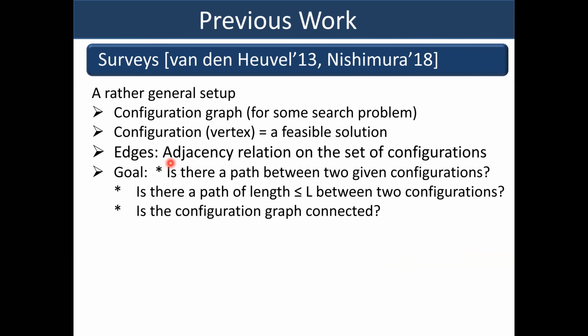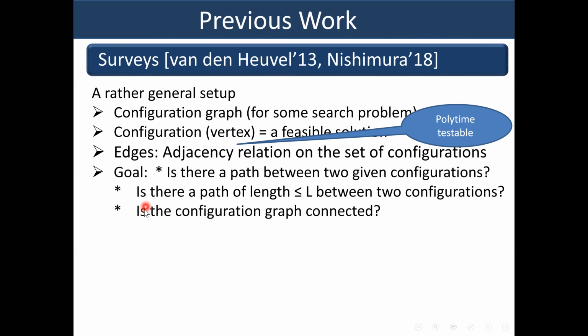And the edges correspond to an adjacency relation on the set of configurations. There are some details that I don't want to get into, such as that this adjacency relation ought to be polynomial time testable.